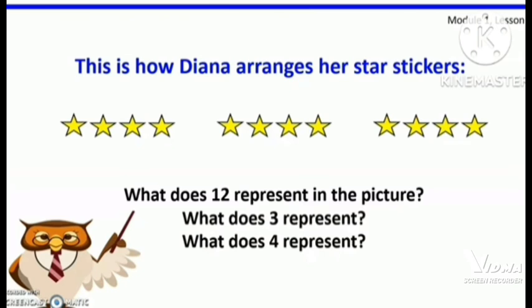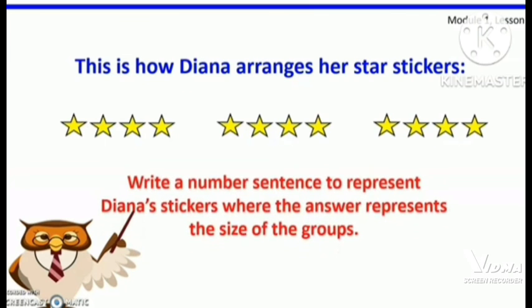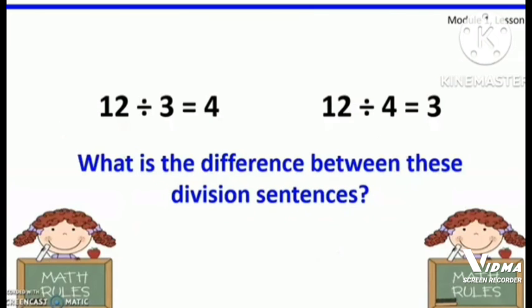The 12 is the total of the stickers she has. The 3 represents the groups. The 4 represents the size of the group. That is 12 divided by 3 equals 4.